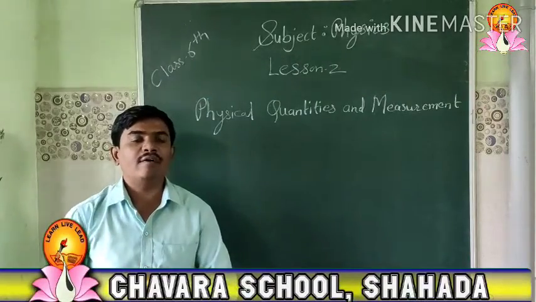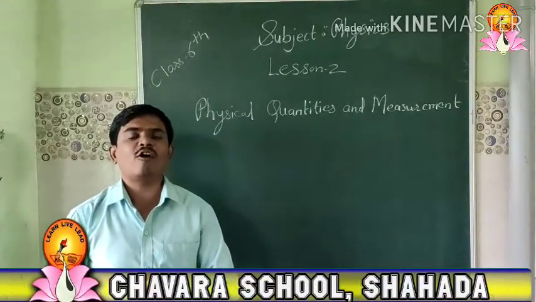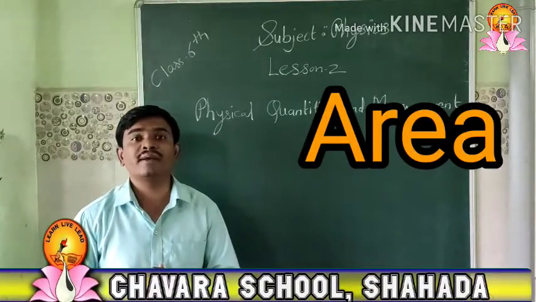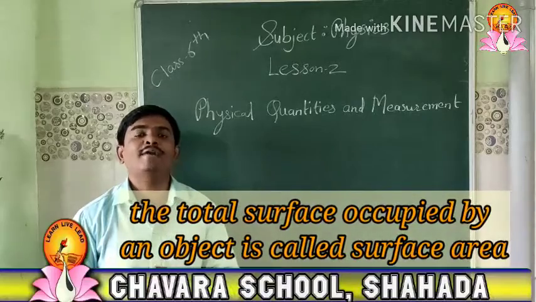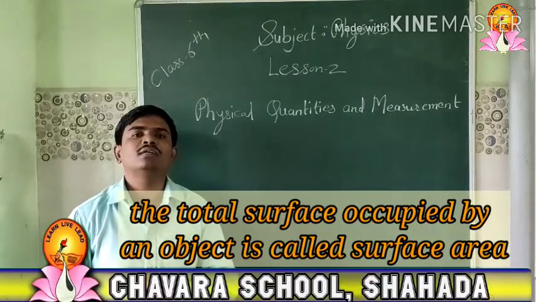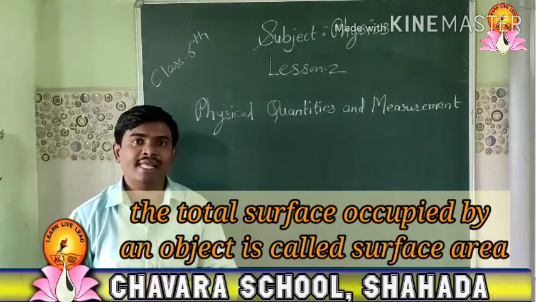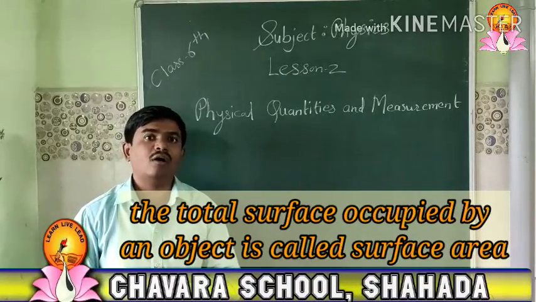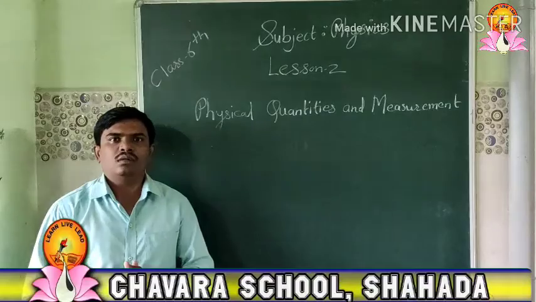Now students, I will teach you measurement of area. Students, the total surface occupied by an object is called surface area, or simply the area of an object.